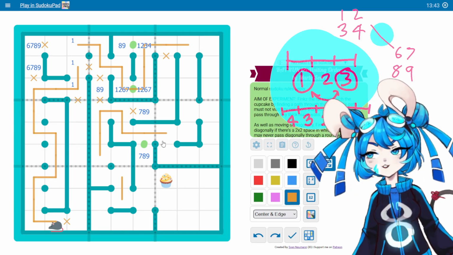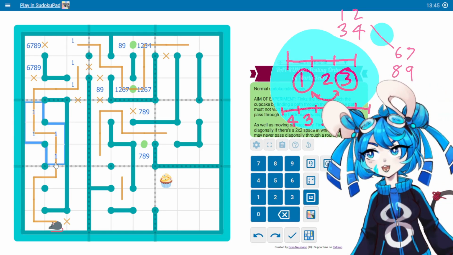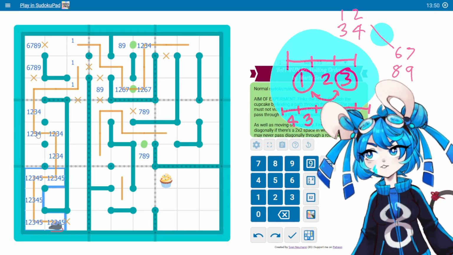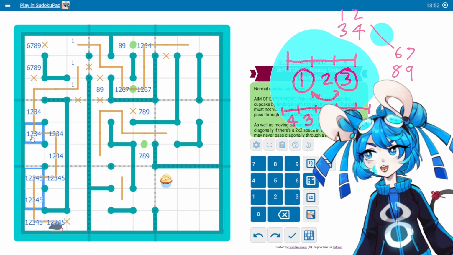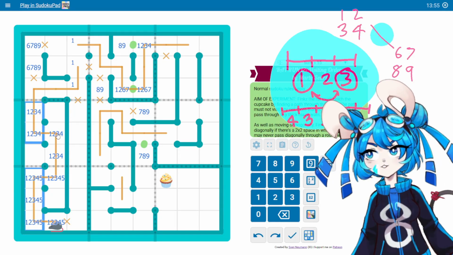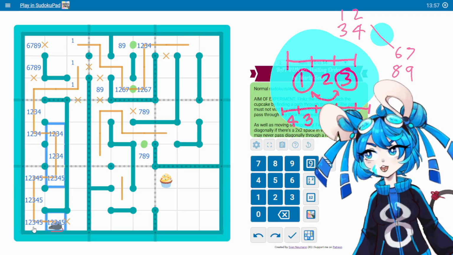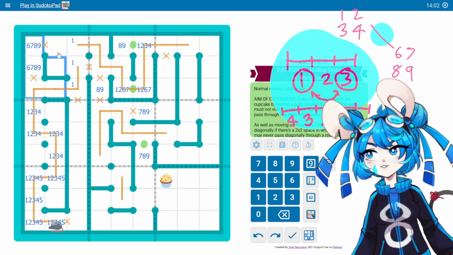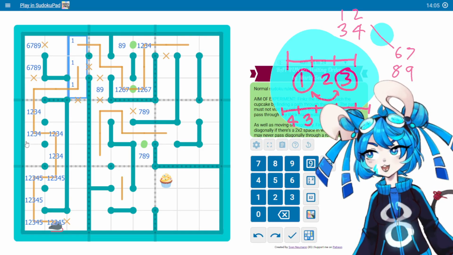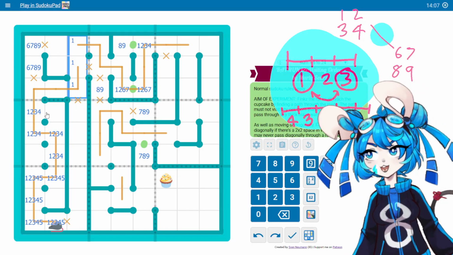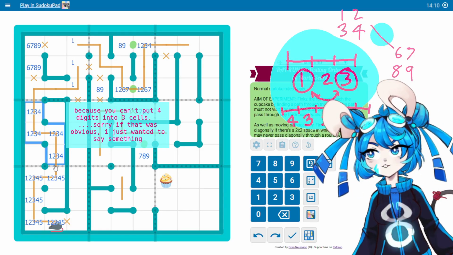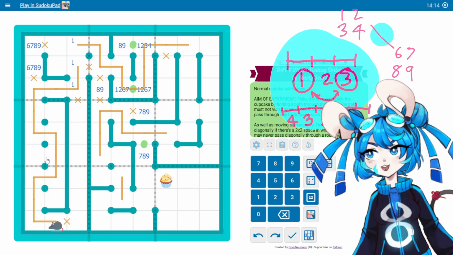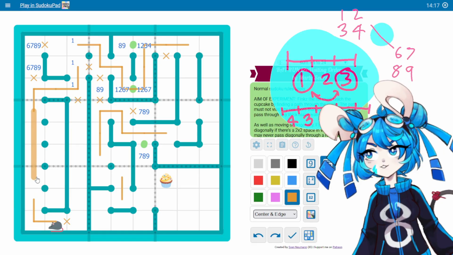Because let's say, for example, this is the digits 1 through 4, and this is the digits 1 through 5. We would have a 1, 2, 3, and 4 here somewhere, and 1, 2, 3, and 4 somewhere here, which pulls all 4 of those digits out of these 6 cells, which puts them into these 3 cells, which is impossible. So, in fact, yes, this part of the line is forced to be like this.